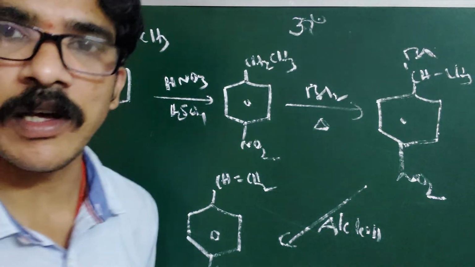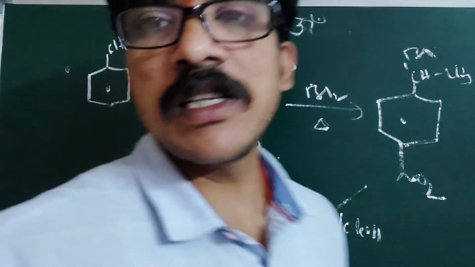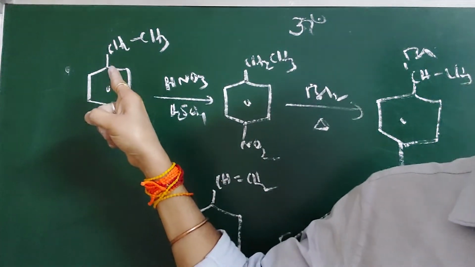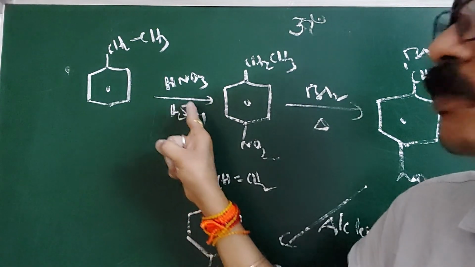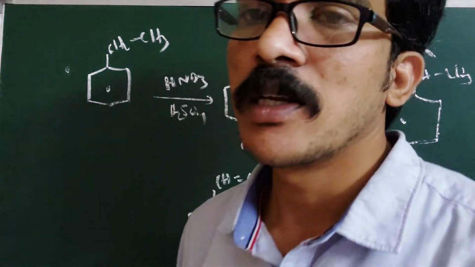Next, one more important organic chemistry question. Benzene contains CH2CH3, with the formula C8H10. It reacts with HNO3 plus H2SO4, called the nitration mixture.